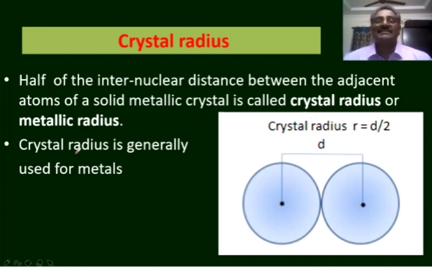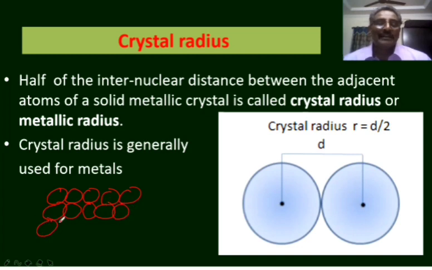What is it? There are so many atoms which are arranged in a systematic manner like this in a three-dimensional way in the metals. Like this, there is a regular arrangement of atoms. Suppose this is one atom of the metal in the metallic crystal. This is the neighboring atom of the metal in the metallic crystal.